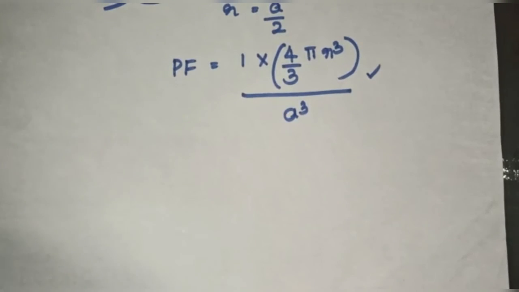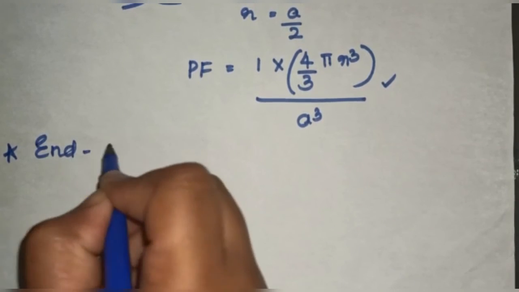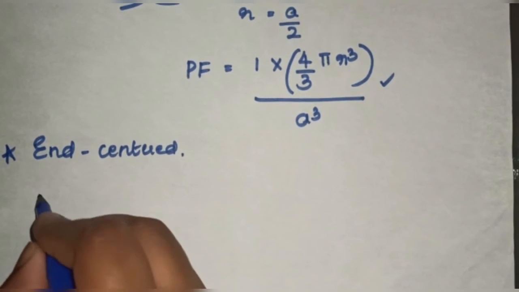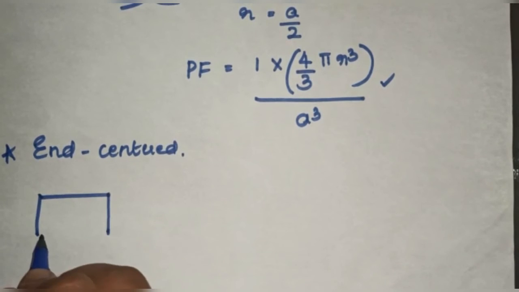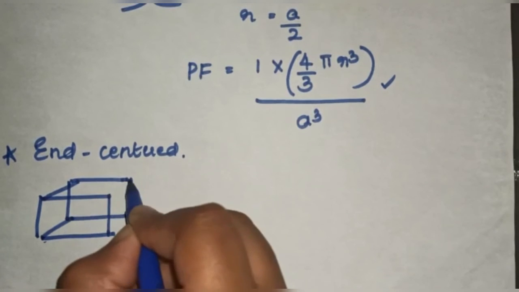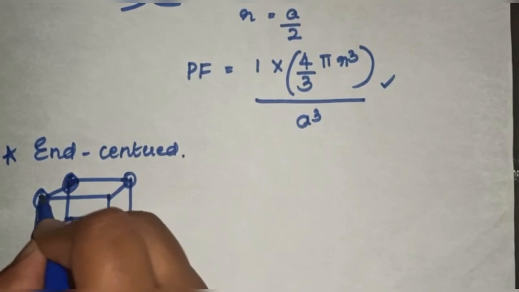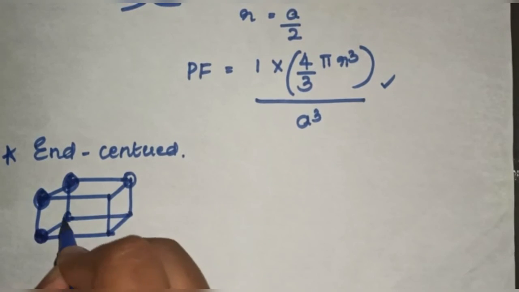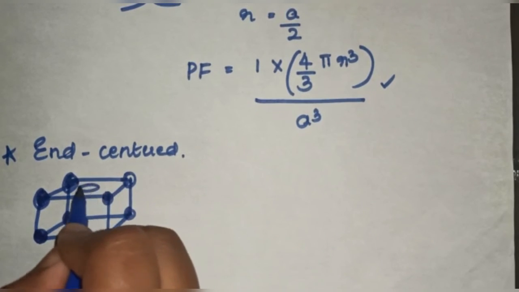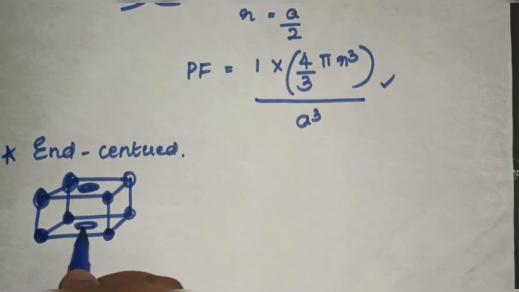Next, coming to the end-centered. How is this? Again, we draw the cube. At one end we will be having an atom again here.